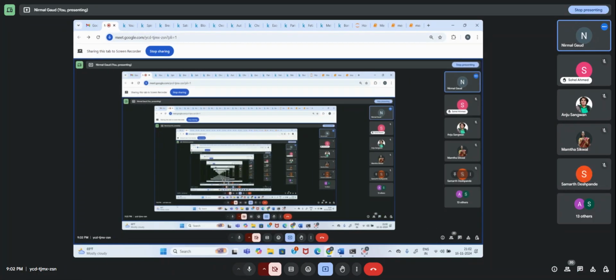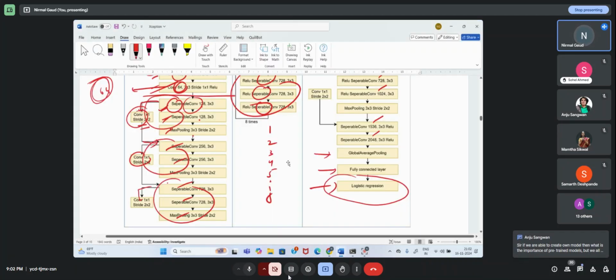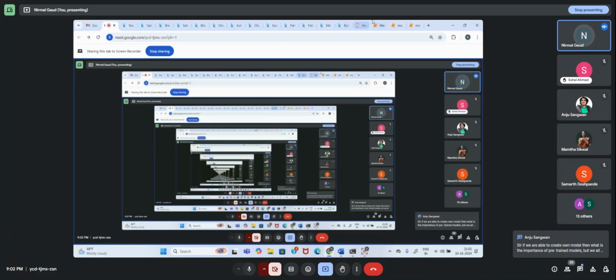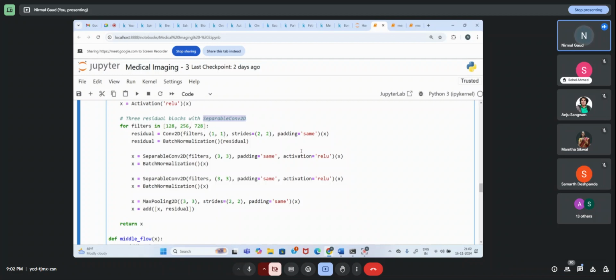Whichever model you use with a small number of images, it overfits. So how can we make these three residual connections? Here you take in the first block 128, in the second block 256, and the third block 728 number of filters.